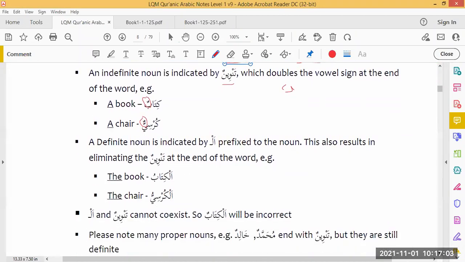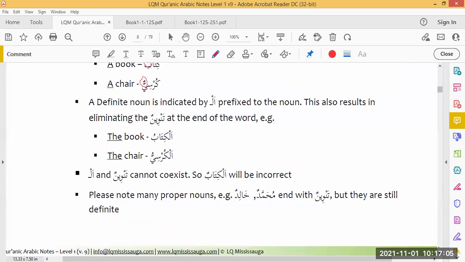Now we will learn about the definite article, marifa. A definite noun is indicated by al. In Arabic, if there is an alif lam, al, with the noun, you should understand that the noun is marifa, definite.